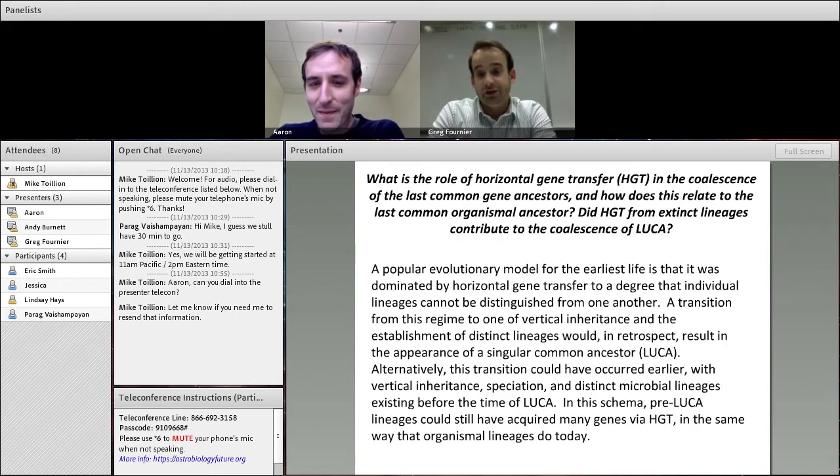And if it is a more communal organism, then all of a sudden the role of horizontal gene transfer becomes a lot more important than maybe it would be otherwise. So if we observe genomes today, it's very clear that horizontal gene transfer is going on between most, or if not all, of the major lineages of the tree of life.